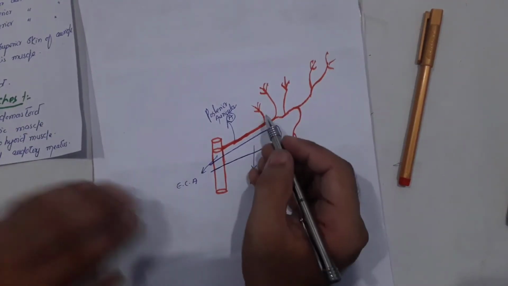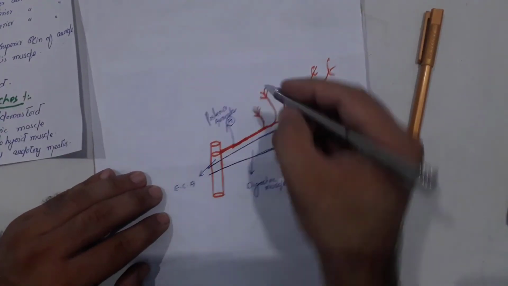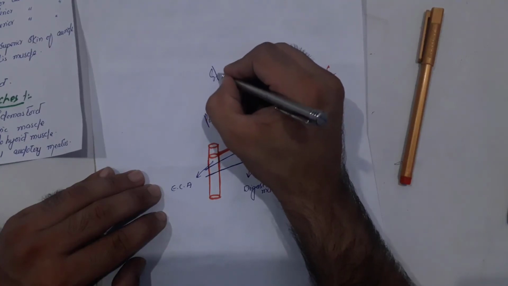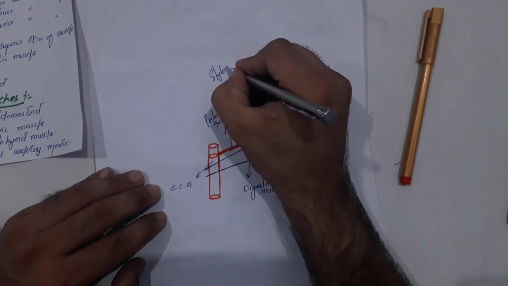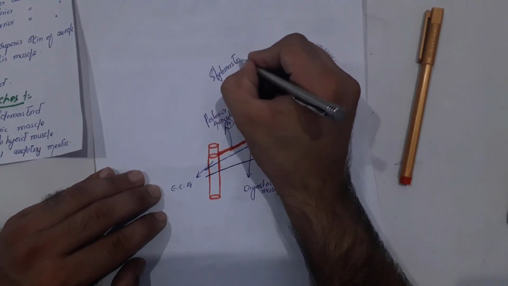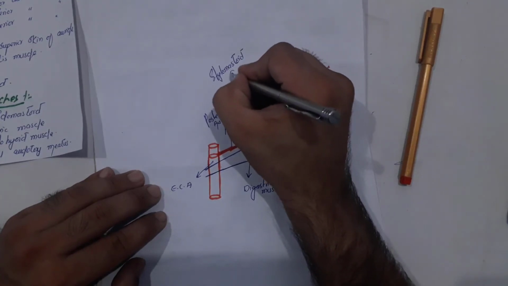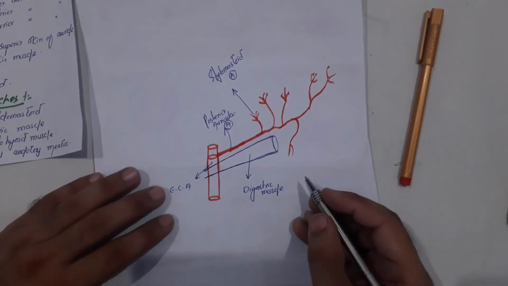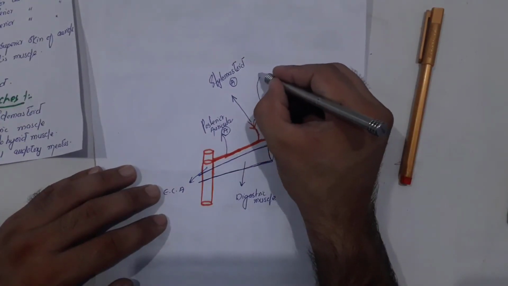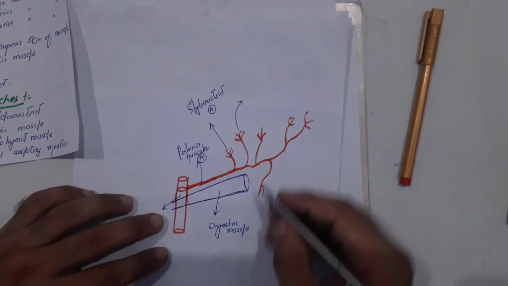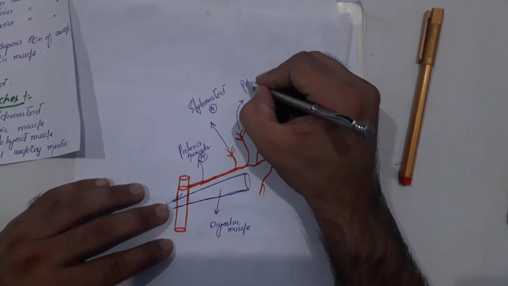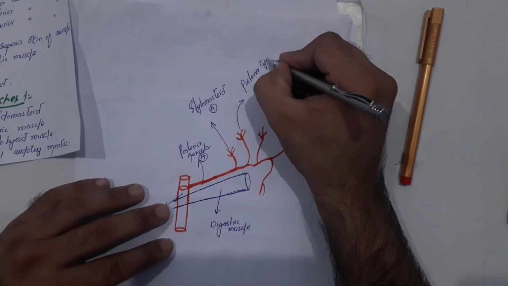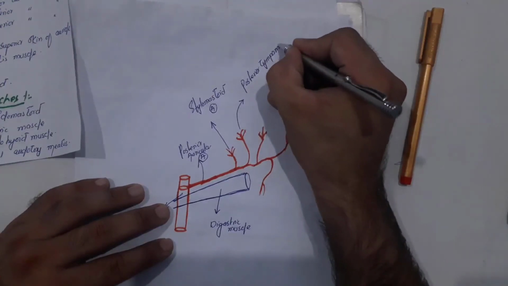Now the first artery that I had told you here is the stylomastoid artery. So this artery is the stylomastoid artery, right? The first branch. Then the second branch was the posterior tympanic artery, and you can see here is the posterior tympanic artery, right? Let me write its name, posterior tympanic artery.